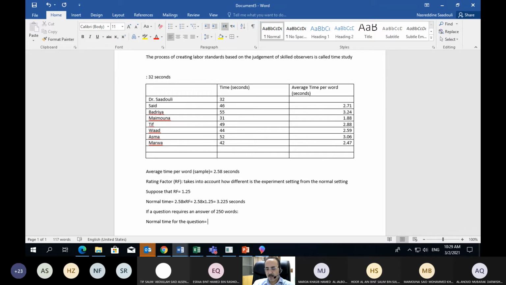Remember that this is 3.22. This is per word. If I'm expecting an answer of about 250 words, then what should be the normal time for the question? Because this is the time per word. If the question requires 250 words, how much time should I give for this question?